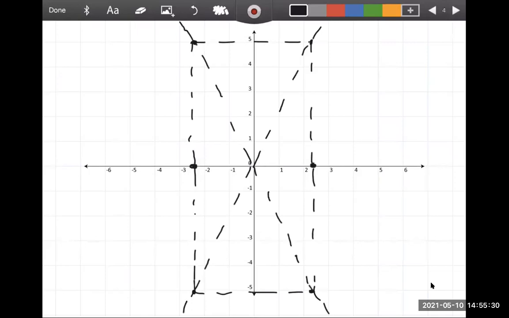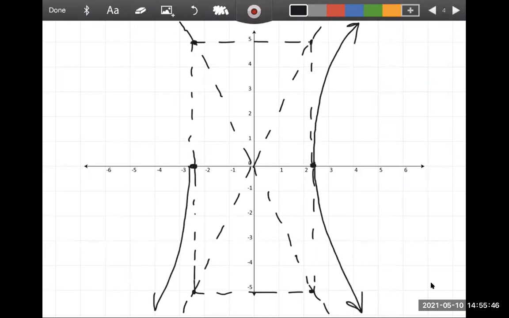So this is going to be a wider opening hyperbola. Just remember it has to get close to the asymptotes, so that's not going to happen until you get way up here. All right, and that's going to just about do it.